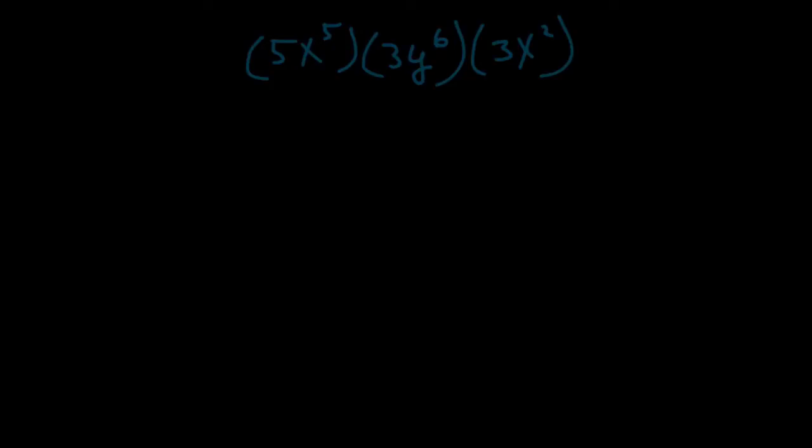Okay, so here, since all of these parts are attached, we really don't even need our parentheses. The parentheses are just attaching it, but we could replace it with just little dots. To do this problem, we can multiply coefficients. The coefficients are 5, 3, and 3. So 5 times 3 is 15, and 15 times 3 is 45.